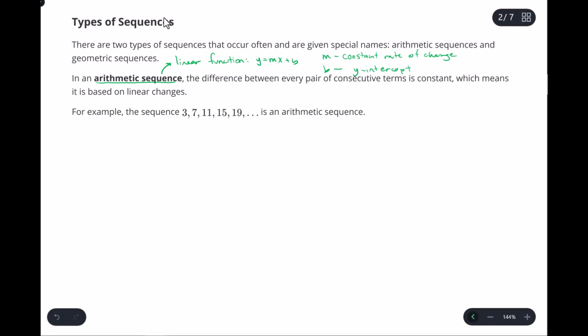Now, let's take a look at this sequence: 3, 7, 11, 15, 19. What you can observe from one value to the next is that it's pretty clear what's happening here. We can get from one value to the next simply by adding 4. You need to check multiple ones just to make sure that persists.